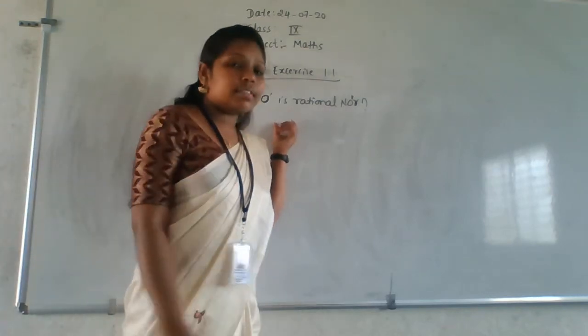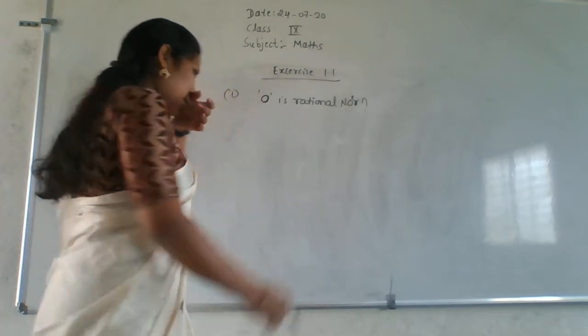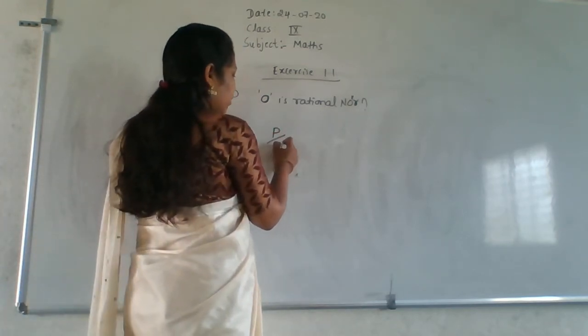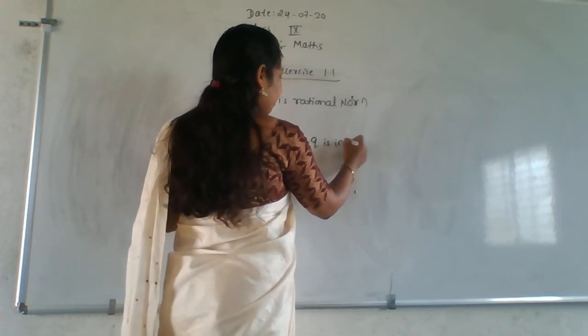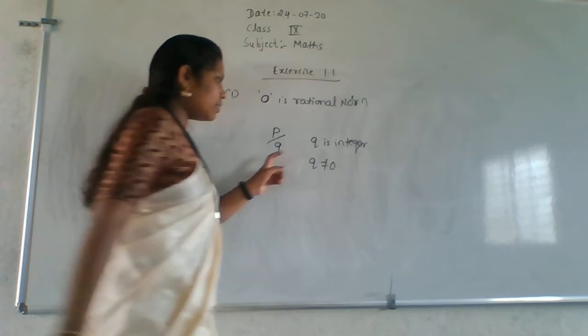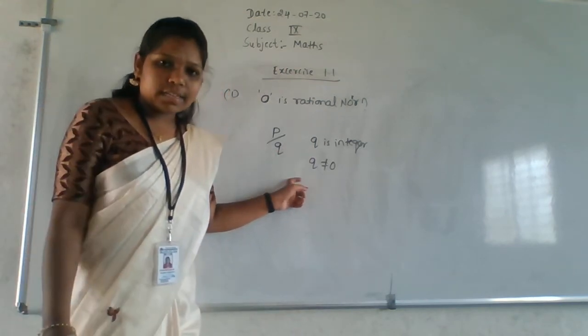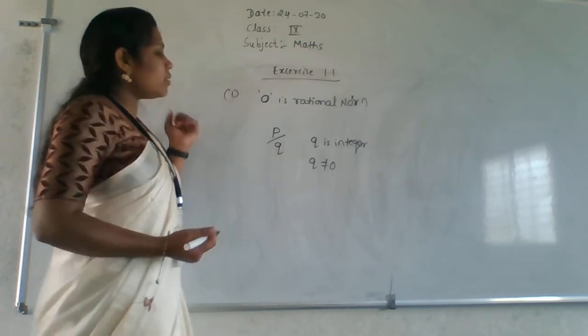They asked whether 0 is a rational number. What is the definition of a rational number? A rational number is in the form of p by q, where p and q are integers and q is not equal to 0. This condition must be satisfied, right? Then only we can say that the number is a rational number. Check once again here.